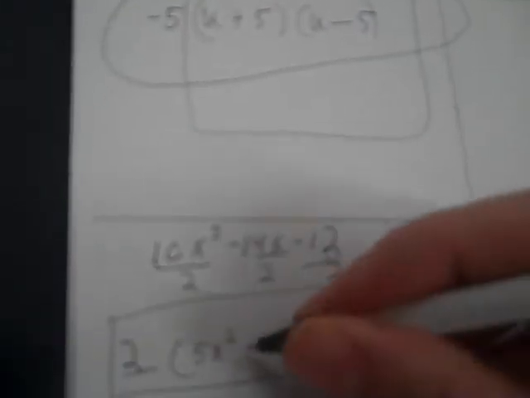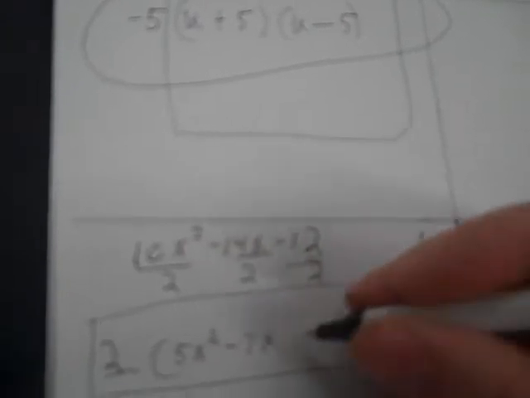So I need to actually do the process. So it becomes 5x squared, you can't cross out any x's, minus 7x minus 6, okay? Now, I want this crossed off because when I do the T-test, we're doing it from here, not from up here, okay? A times C, you're going to take positive 5 times negative 6, and that's negative 30.